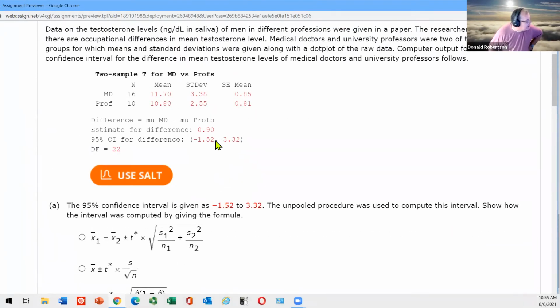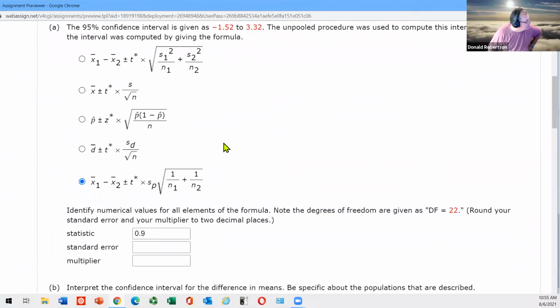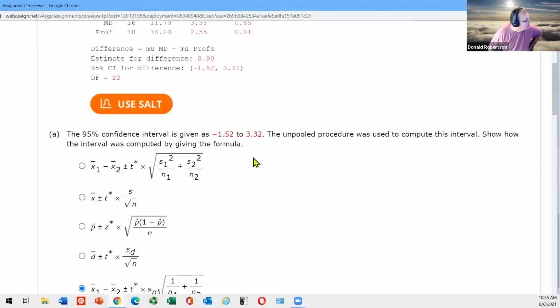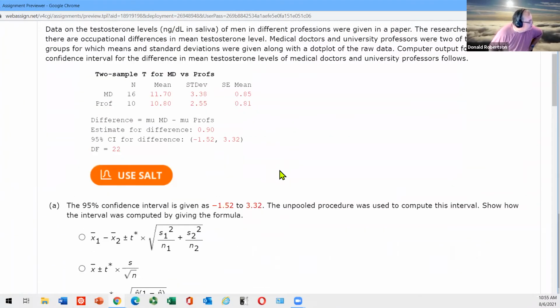The standard error, oh, well, interesting. The standard error is not given.